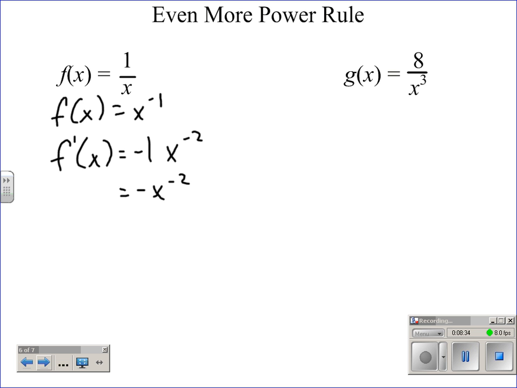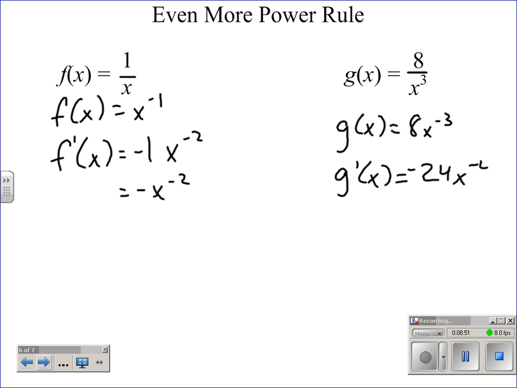It also works when there's a number other than 1 on top. You just rewrite it as 8x to the negative 3. Then apply the power rule to get g prime of x equal to negative 24x to the negative 4.